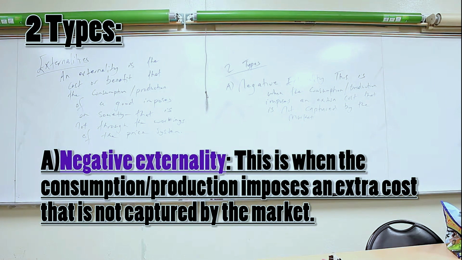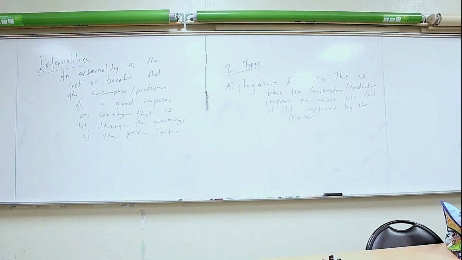This is where the consumption or production of a good imposes an extra cost or burden that's not taken into consideration by whoever is producing or consuming the good. Think about it this way. You have an individual or a firm engaged in an activity that gives them satisfaction. They're happy about it.